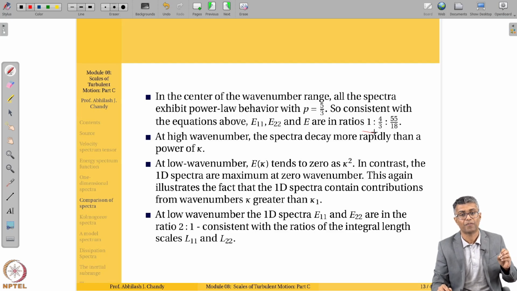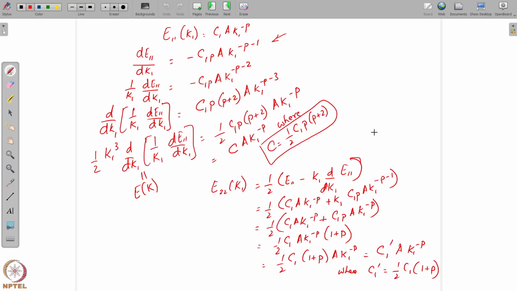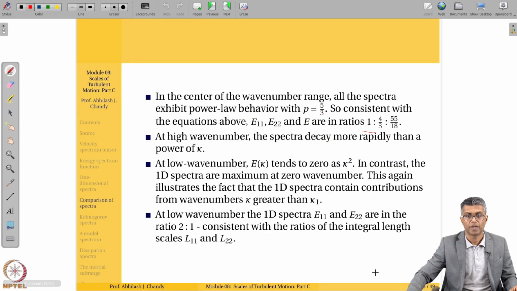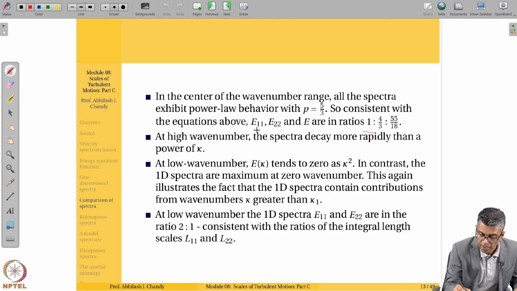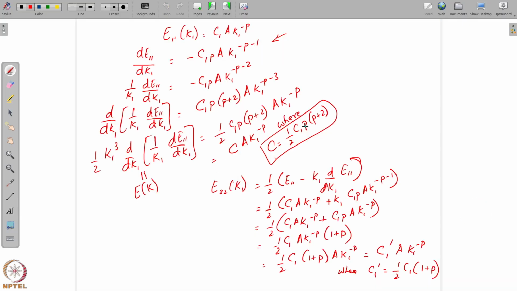And that comes from the value of C1 to C1 dash is to C. And if you remember, C is half C1 P times P over P plus 2.